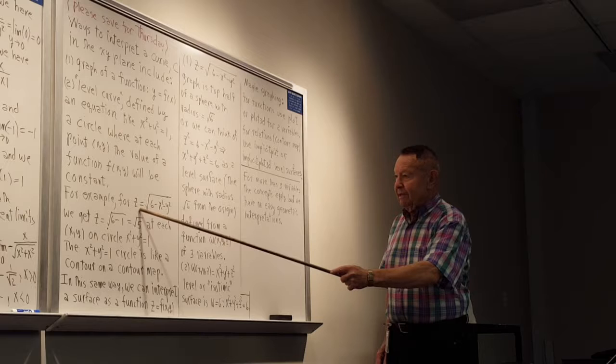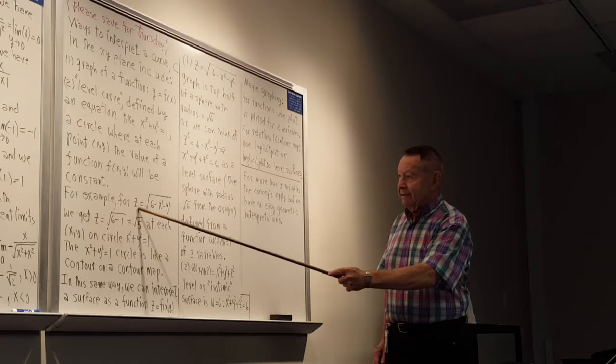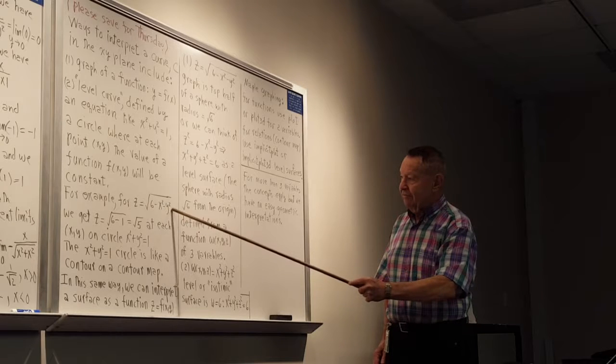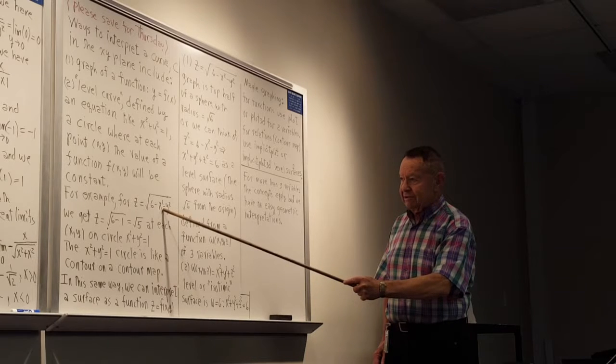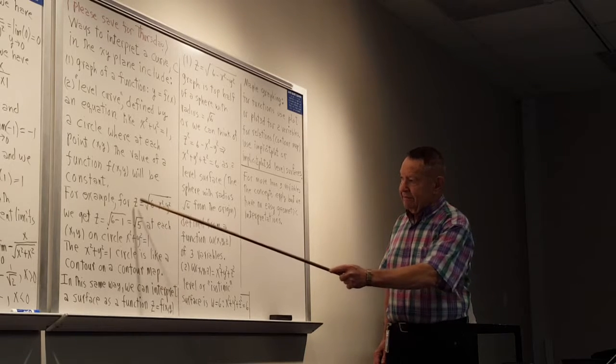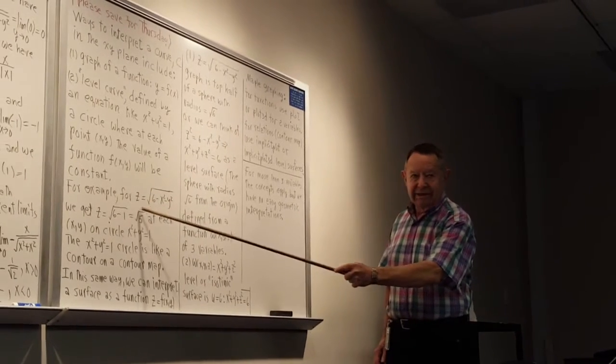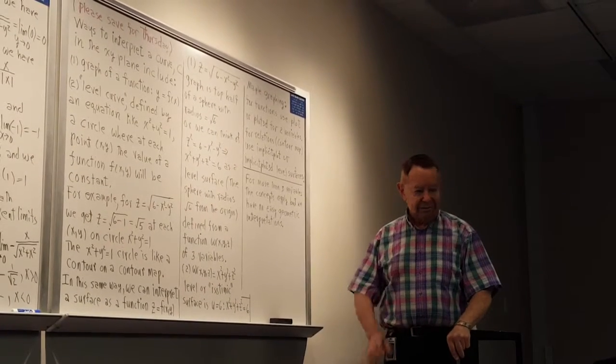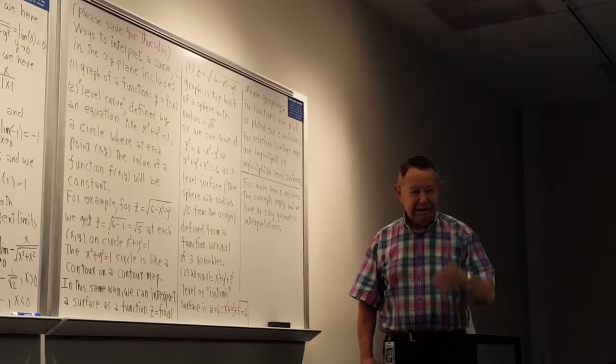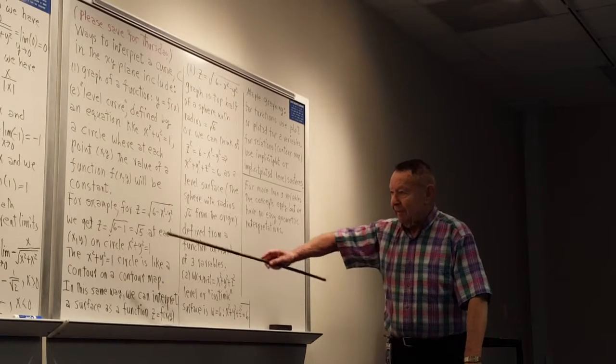So if you were looking at something like this now, you have a function of two variables, and the z then would be, for example, your height up to a surface.